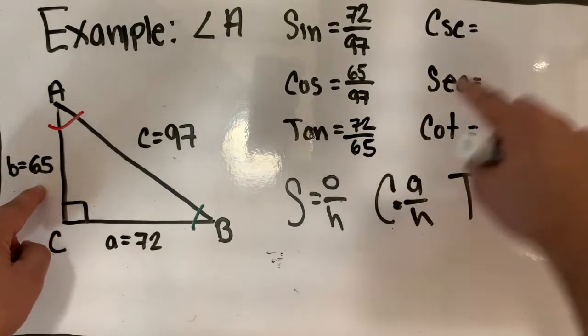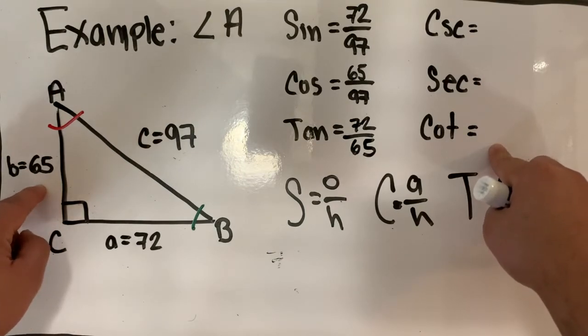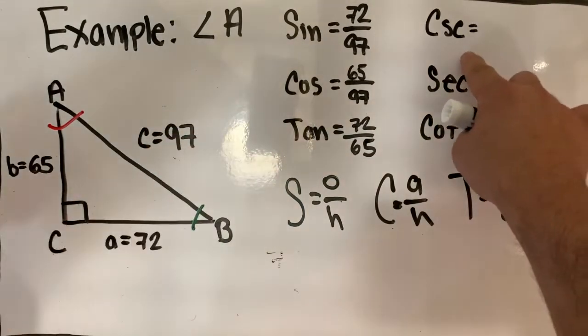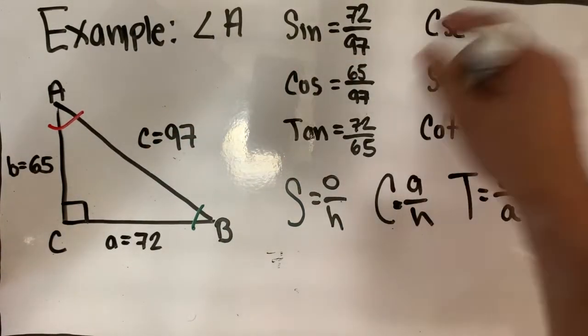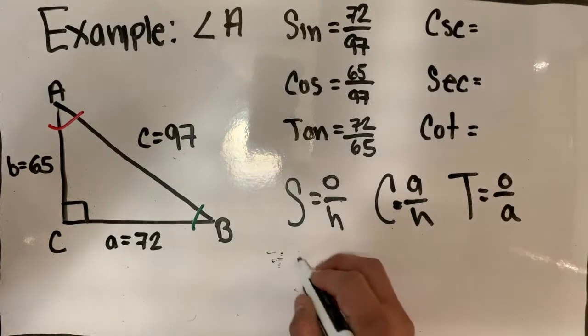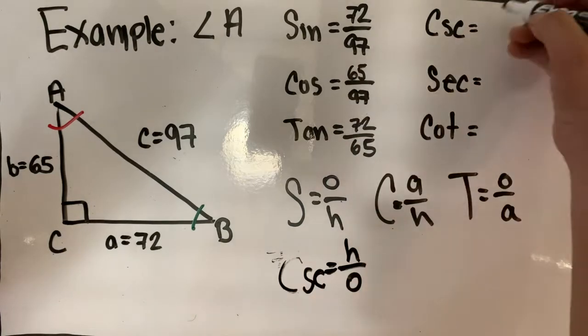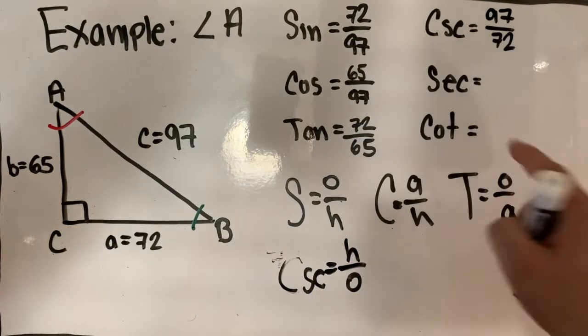Then we have the last three functions: cosecant, secant, and cotangent. And remember that they are going to be the opposite of the first three. For example, the cosecant is the opposite of sine, so that means that you have to switch the values. In this case, cosecant is equal to hypotenuse over opposite, 97 over 72.